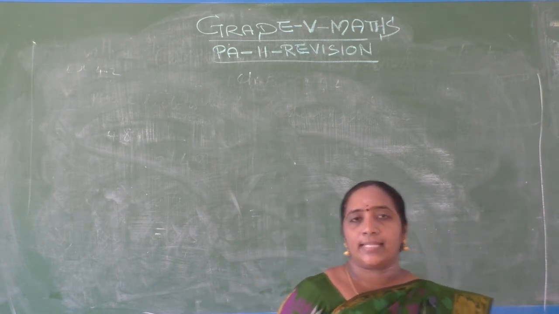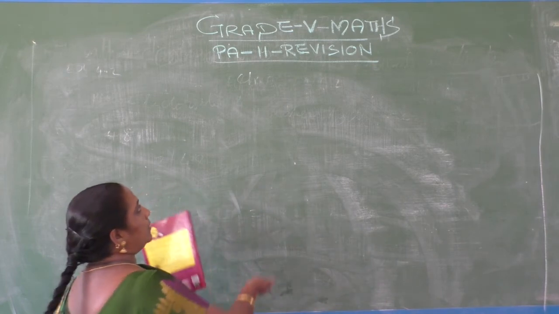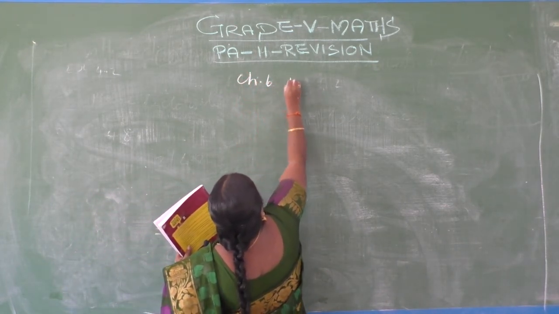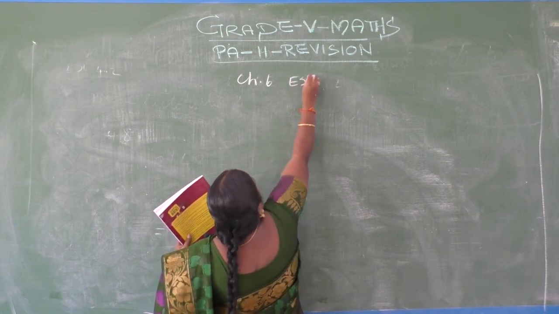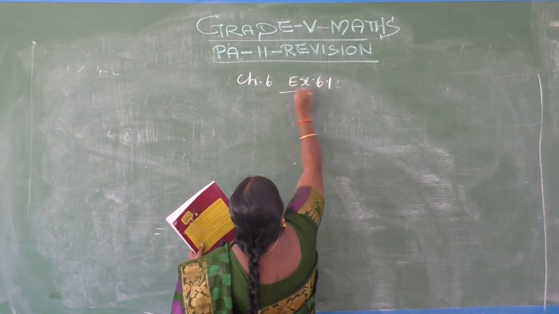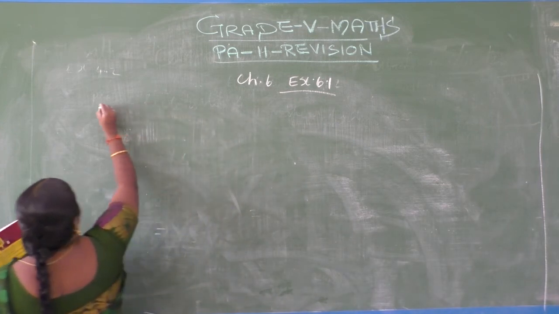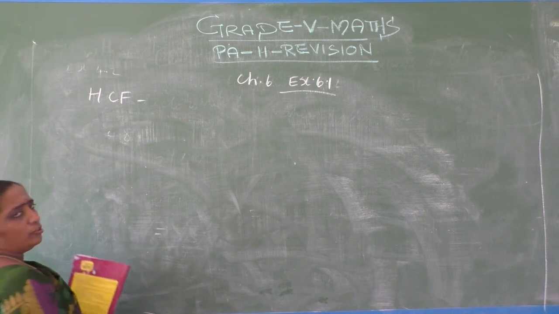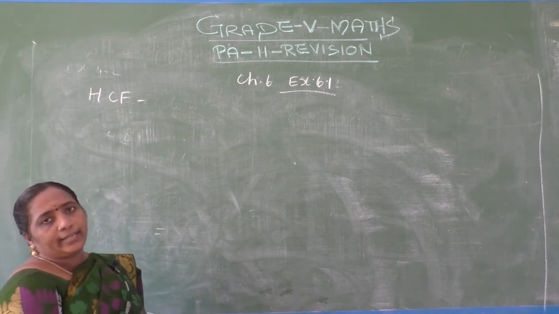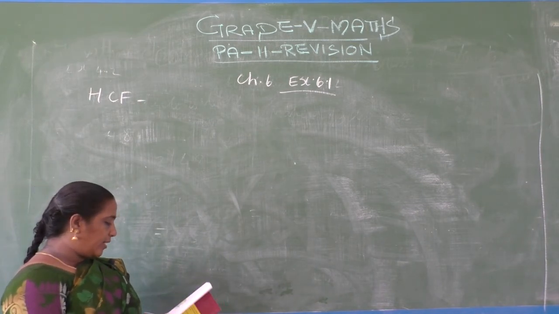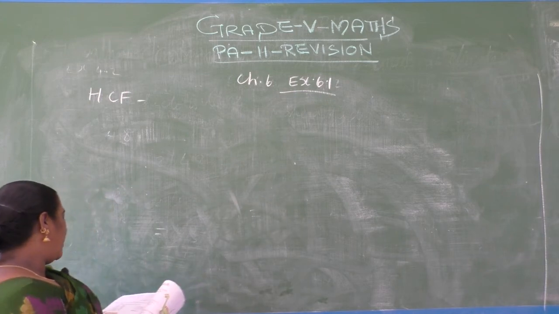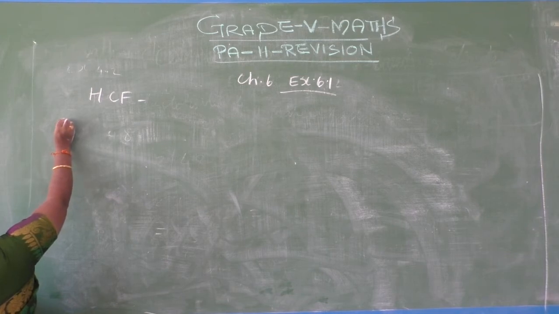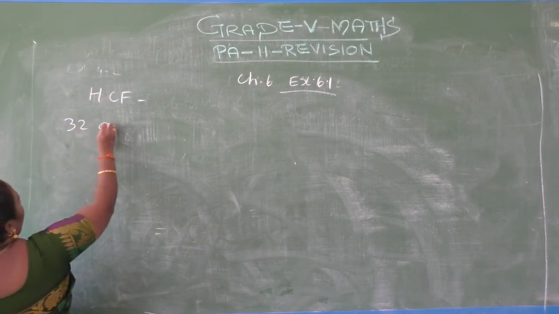LCM means least common multiple. In exercise 6.1 we are going to see HCF. HCF means, do you know? Highest common factor. Find the HCF of 32 and 72.